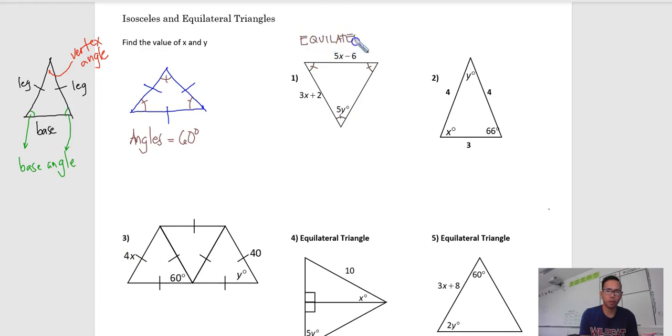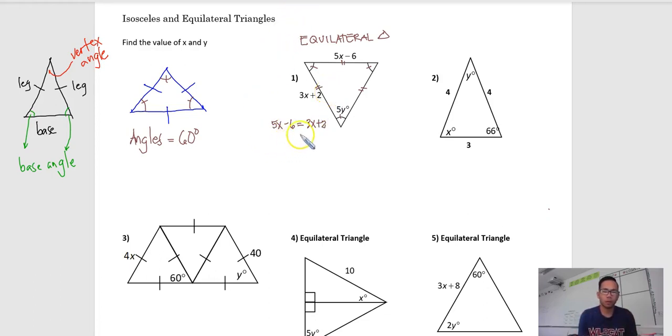So we will be using the characteristics of an equilateral triangle. One of the characteristics is that all the sides are congruent. Thus you can set up your equation as 5x minus 6 is equal to 3x plus 2, because they are the same measure.